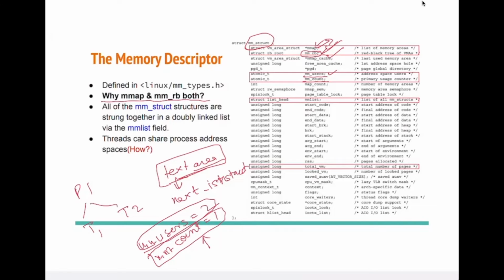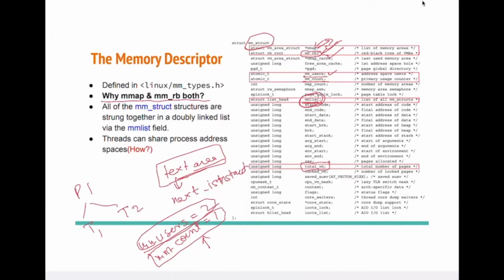And this is the list which contains all the memory areas contained by different processes. So this list is the memory map of different processes running inside the kernel, and this is the total number of pages allocated to that particular address space of a process.